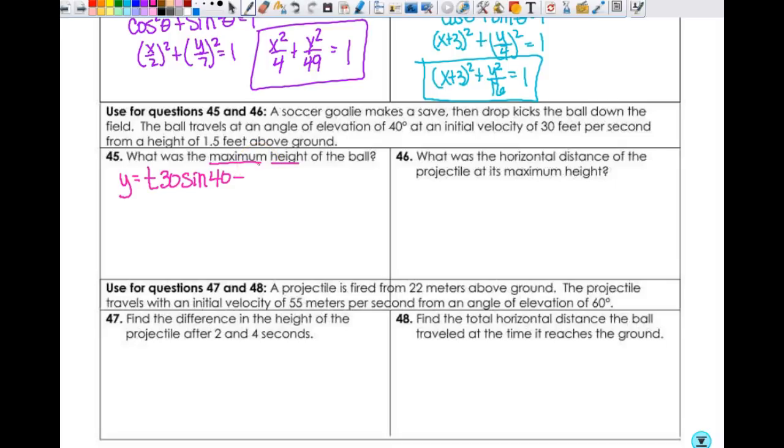So your gravity constant here, since it's feet per second, is 32. Half of 32 is 16 times t squared plus the initial height, which is 1.5.